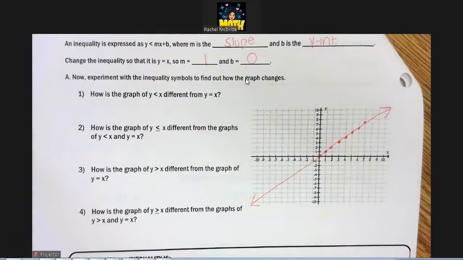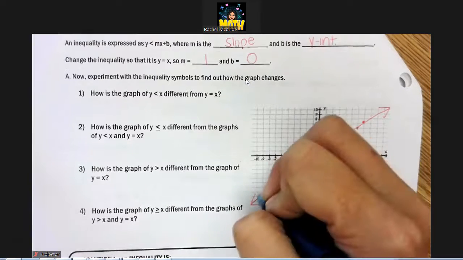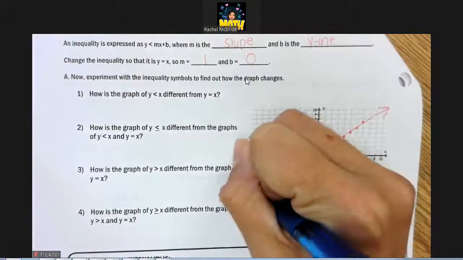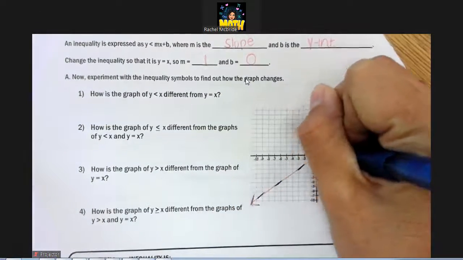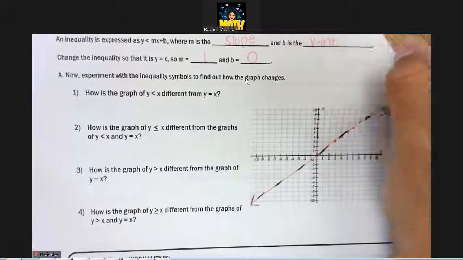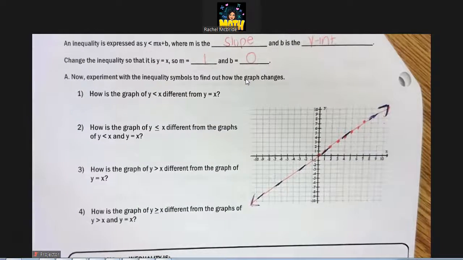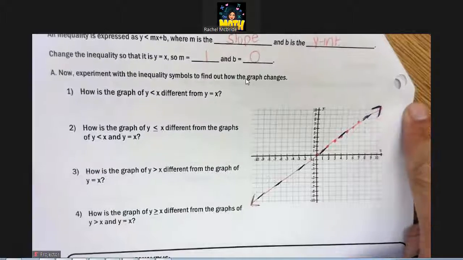The graph of y less than x would be that same line, except because the solutions do not come from it, my line would be dashed. So the line becomes dashed.